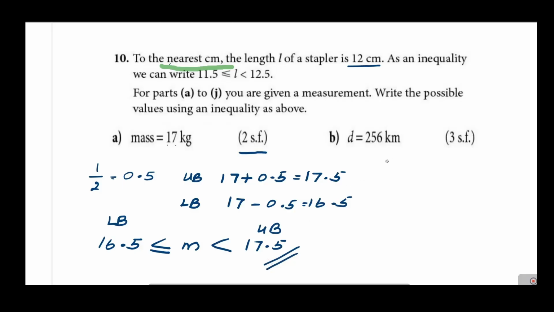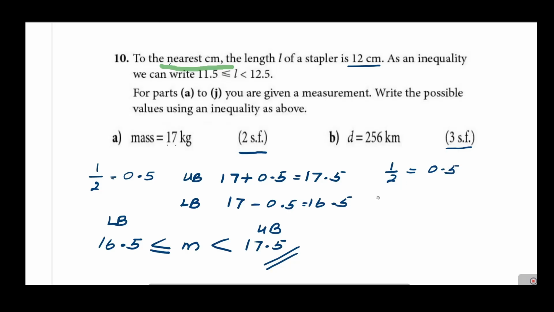In this case, it is measured to the third significant figure, D, 256 kilometers. The third significant figure lies at 1, 2, 3. It is again the units position, which is 1, then divide by 2, then 0.5.